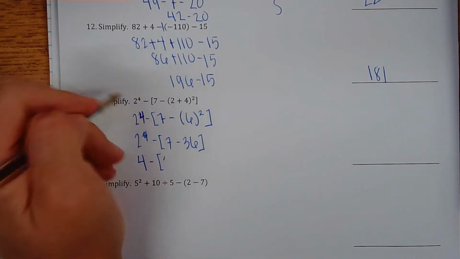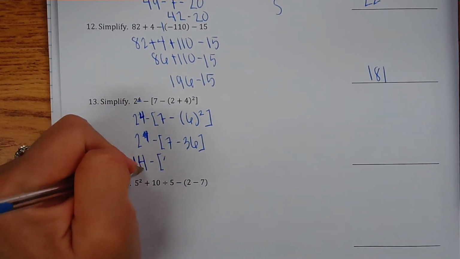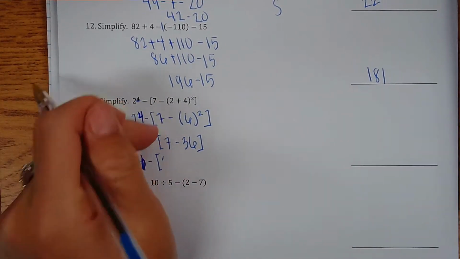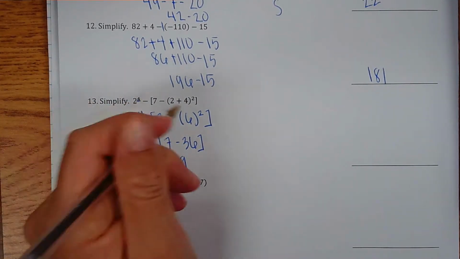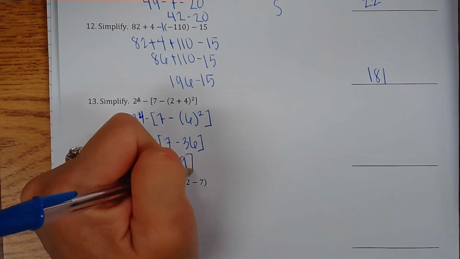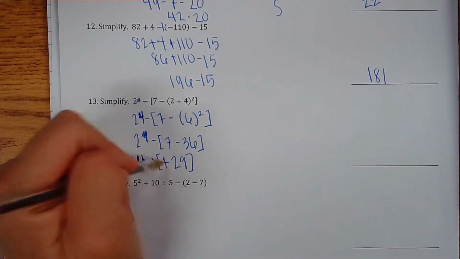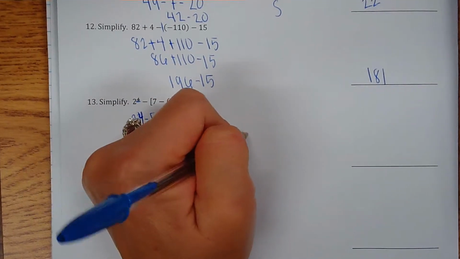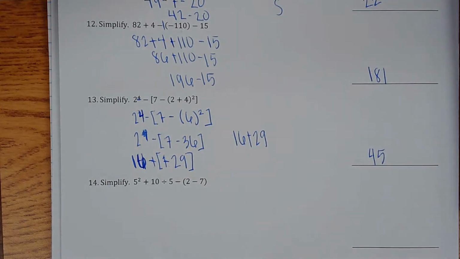That's where I made the mistake right here. It's 2 to the 4th, not 2 to the 2nd. So 2 to the 4th is 16. All right, and then minus a negative 29. But again, we have 2 negatives side by side, so those become a positive. So it's technically 16 plus 29, which gives me 45.